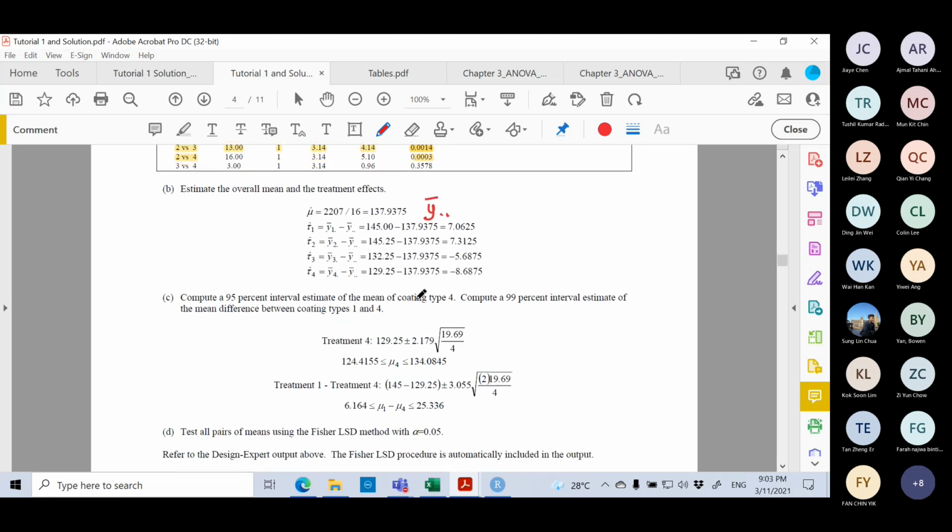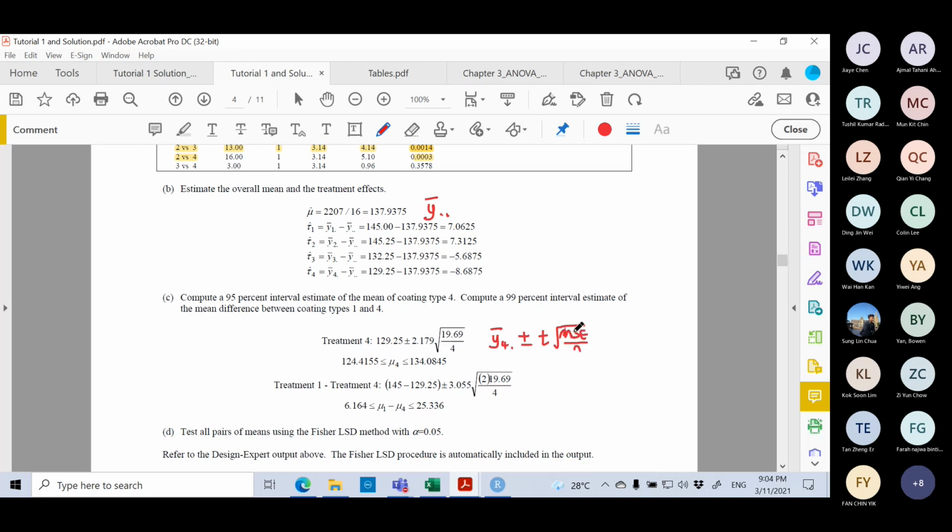And then, of course, here is constructing the confidence interval for a single coating only. If you want the confidence interval for only one particular coating, we can use the mean 4 dot plus or minus the t value multiplied by the square root of MSE divided by sample size.